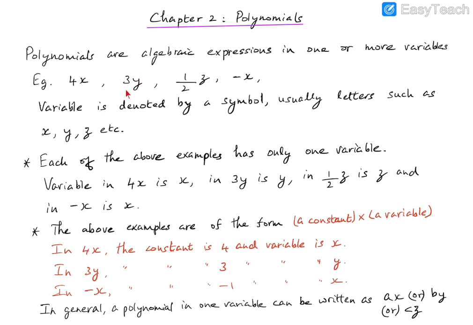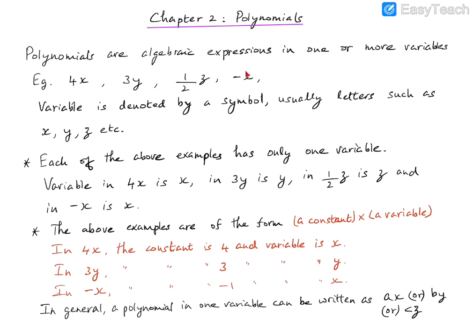So it is an expression in a single variable. Similarly, here the variable is z, and it's half z. The expression itself is 1 by 2 z, or we can write it as 0.5z because 1 by 2 is 0.5. And here we have minus x, which is the same as minus 1x.